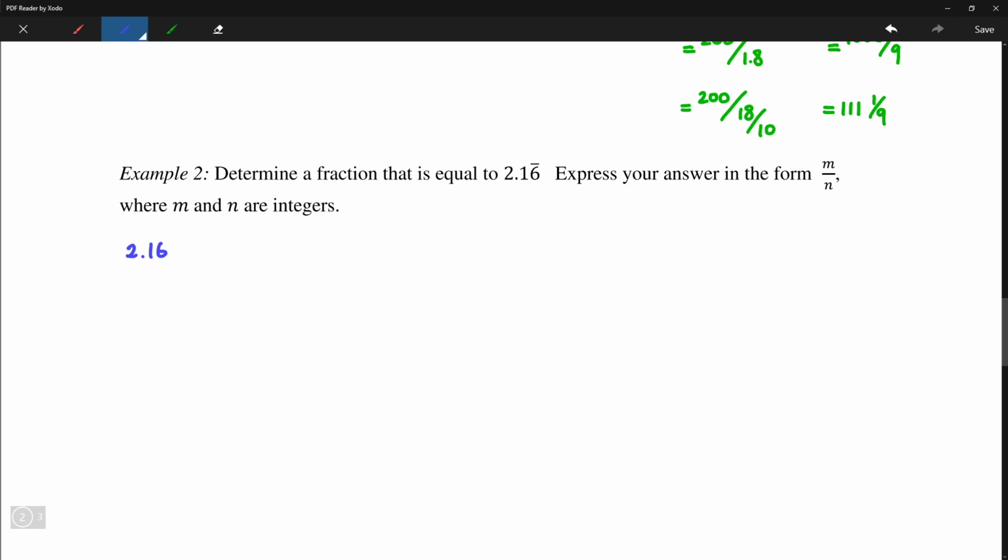So there's two parts. There's 2.1. That part does not repeat. And then the 0.06, and then there's also plus 0.006, and then plus 0.0006. And that's how we get the repeating sixes.